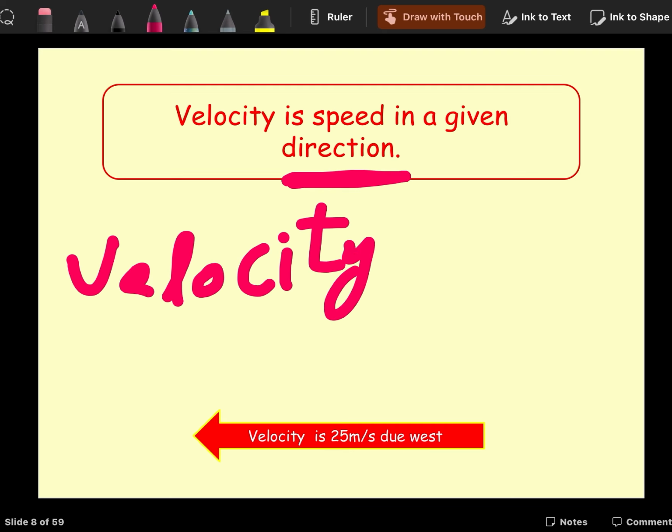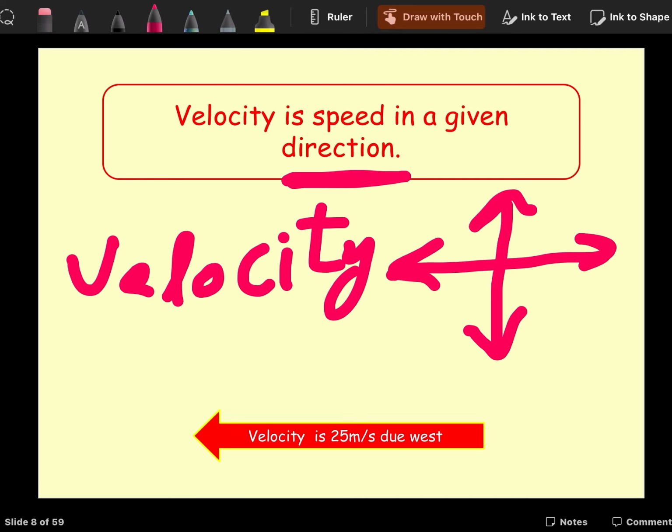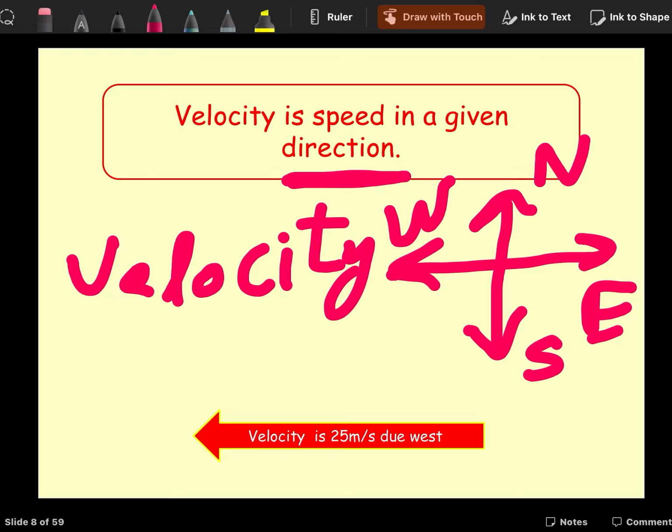Like here velocity is 25 meter per second. What is the direction? West. You know that we have four direction axes: north, south, east, west. So if with the speed, like you write 30 meter per second, you mention the direction also, basically it becomes velocity. So this is the difference.